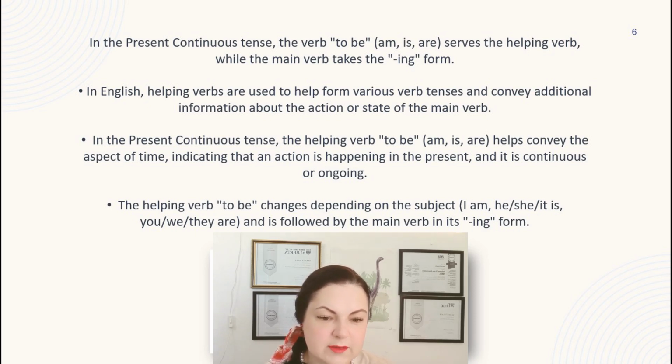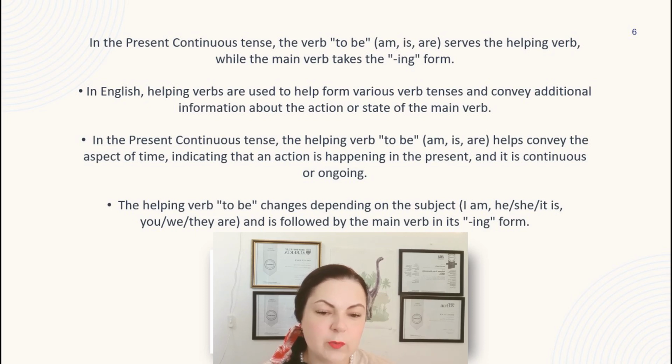In the present continuous, the helping verb to be, am, is, are, helps convey the aspect of time, indicating that an action is happening in the present, and it is continuous or ongoing.